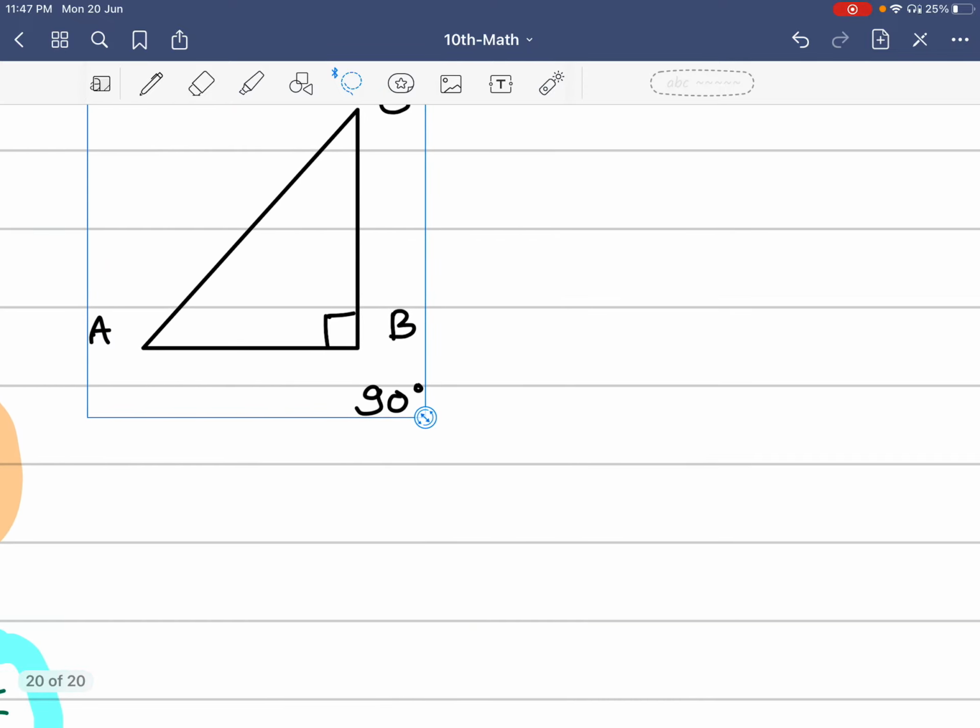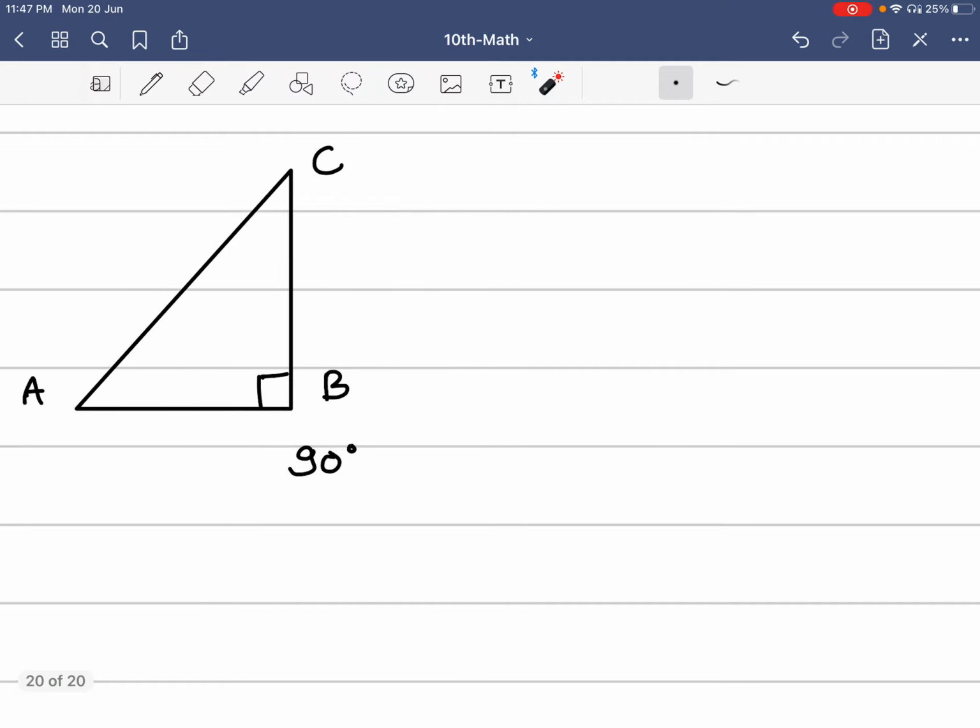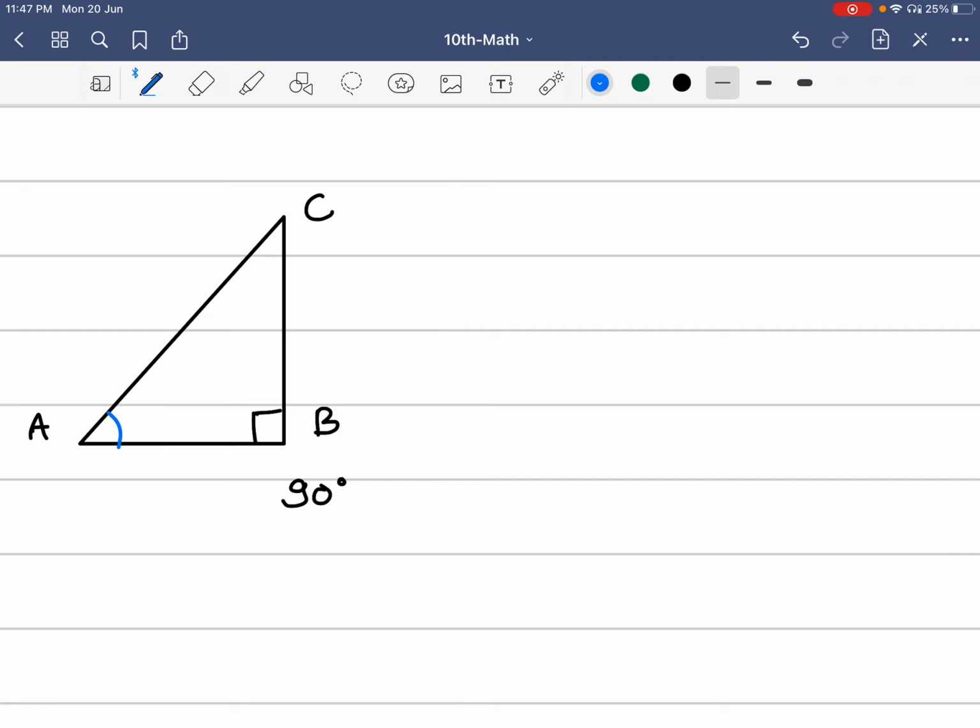Yes, so this is triangle ABC which we had, and this is angle A. The important relationship between angle A and angle C is that angle A plus angle C is equal to 90 degrees. They are complementary angles. That is the most important relationship. Now let's focus on angle A and find tan and cot of angle A. Let me draw a line in between here and then we'll start noting down.